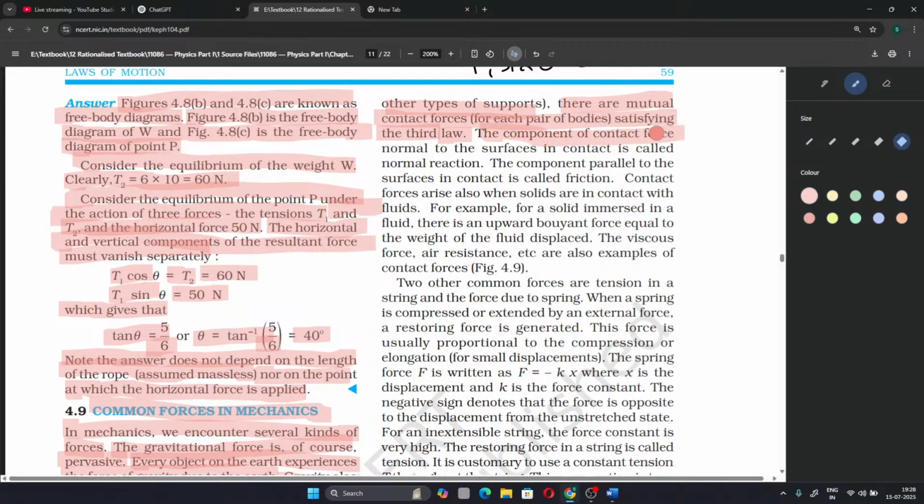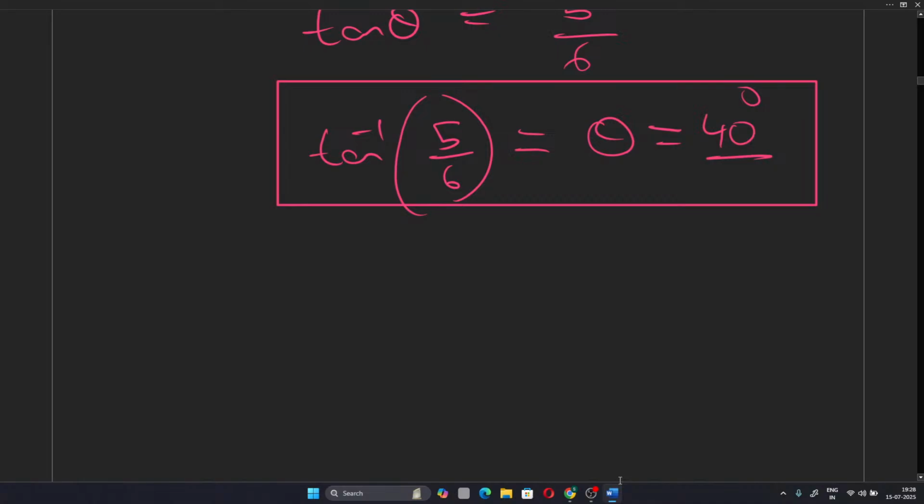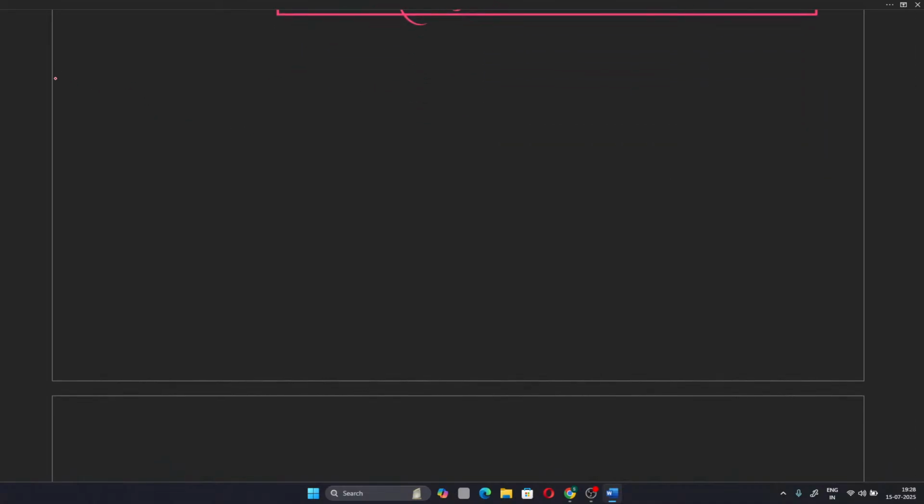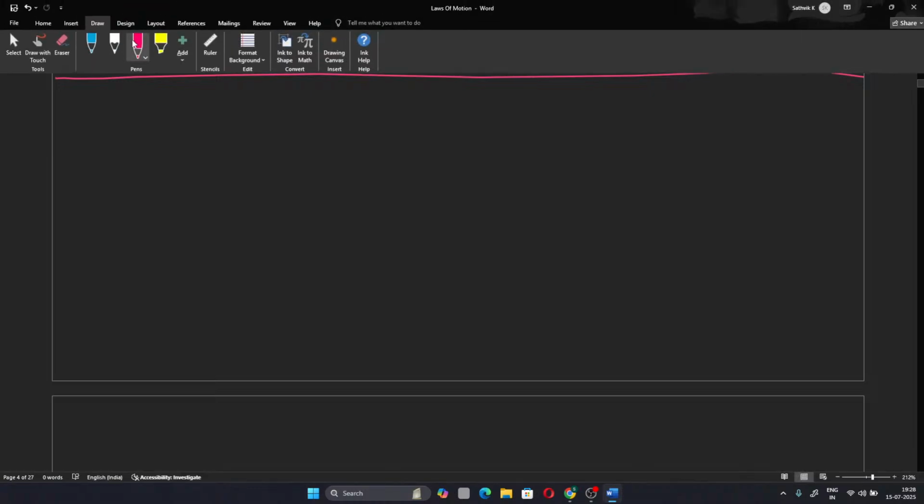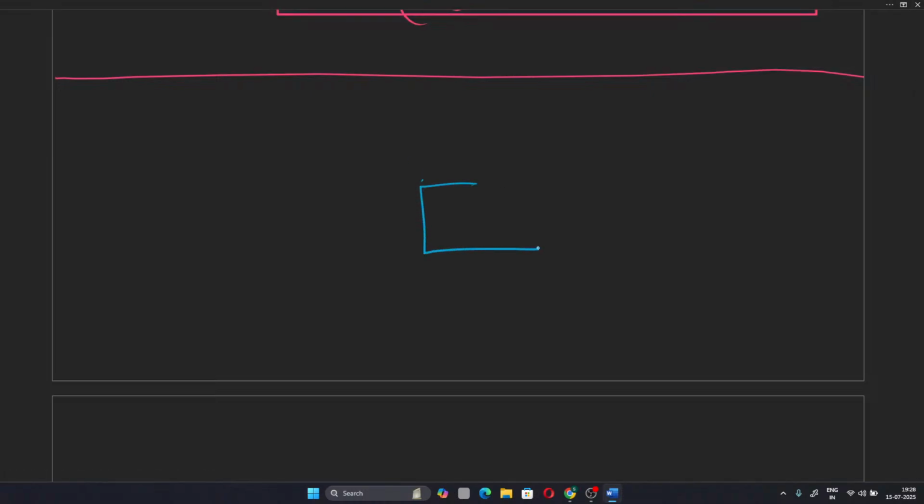The component of contact force normal to the surface in contact is called normal reaction. Now let's read that again. The component of contact force that is normal to the surfaces in contact is called normal reaction. When we take surface forces or contact forces, this is applying a force, let's assume, making an angle with the surface.